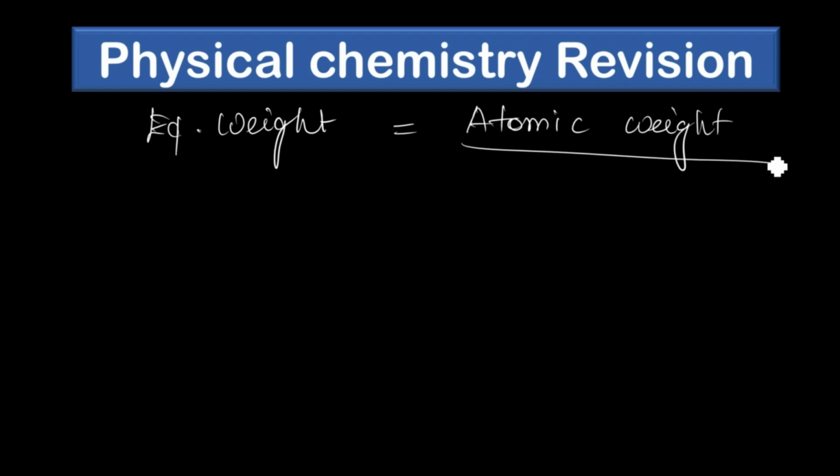Then for metals, you can use the Dulong-Petit law, but that is not used as much. So I'm jumping to equivalent mass or equivalent weight. As I told you, equivalent weight is atomic weight, or for a molecule you put molecular weight, divided by the number of electrons lost or gained if it is a redox process.